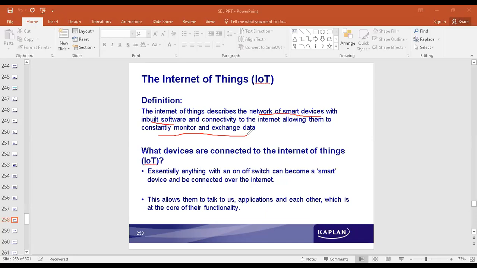If they are connected to the internet, we can call that a smart device: a mobile phone, a cell phone, a laptop, any kind of remote control device also, because the operations can be taken up through the internet. The software that is built in and the set of instructions can be given on the smart device.